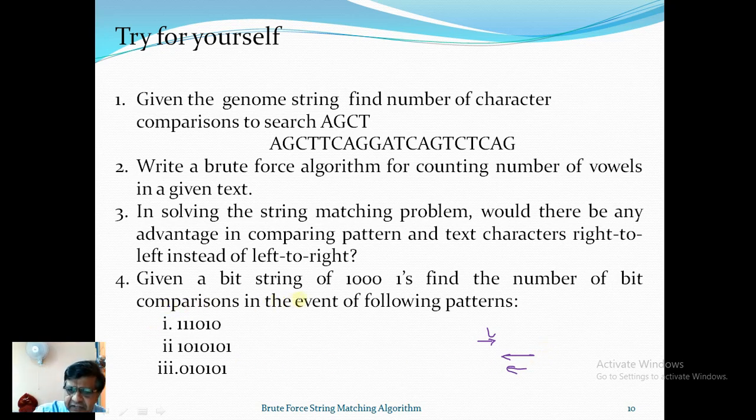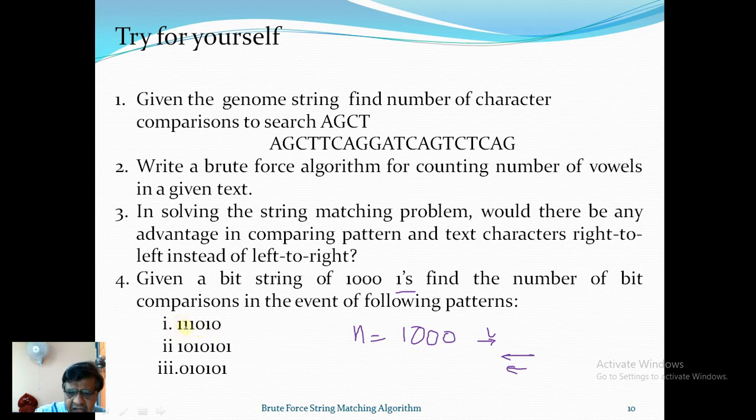Given a bit string of 1000 ones, find the number of bit comparisons in the event of the following patterns: 1 1 1 0, 1 1 1. This is a bit string of ones, therefore n is 1000. I will give an explanation only for the first sub problem, 1 1 1 0.